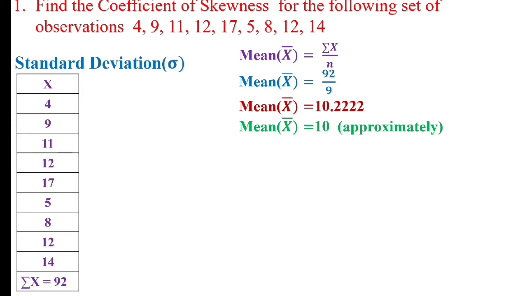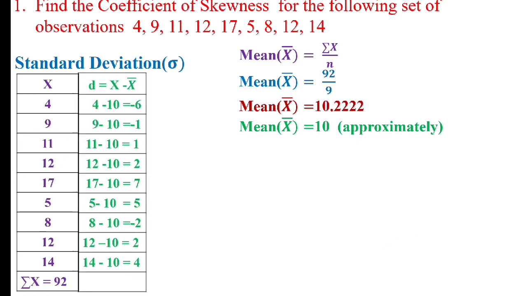Using this value we solve for the deviations. Deviation is equal to x minus x bar. Here x bar is 10. So 4 minus 10 is minus 6, 9 minus 10 is minus 1, 11 minus 10 is 1, 12 minus 10 is 2, 17 minus 10 is 7, 5 minus 10 is minus 5, 8 minus 10 is minus 2, 12 minus 10 is 2, 14 minus 10 is 4.